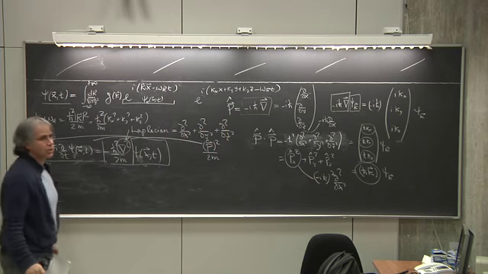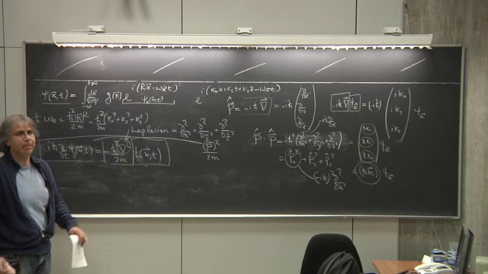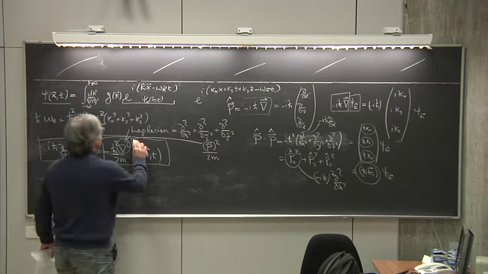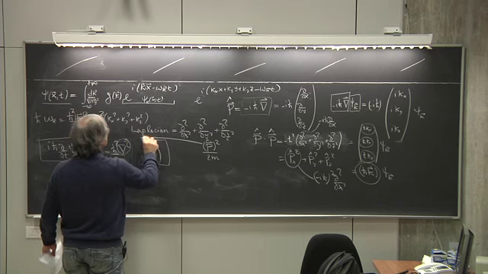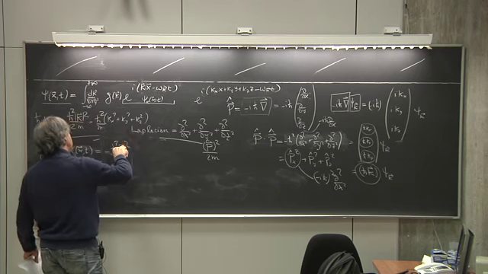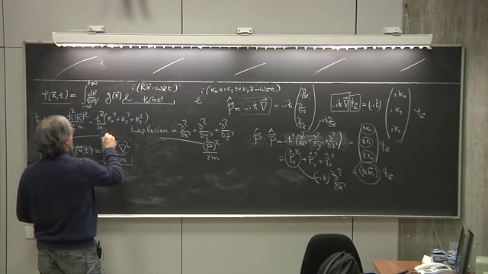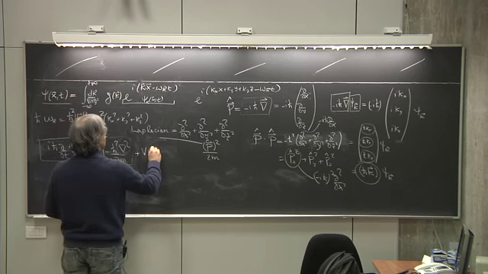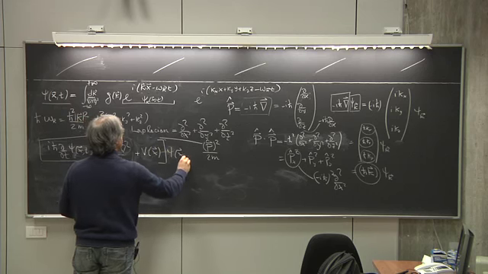If the particle is not free, so if together with kinetic energy there is also a potential energy, Schrodinger tells us the following thing: that I should solve this equation, plus v of x times psi of x and t.